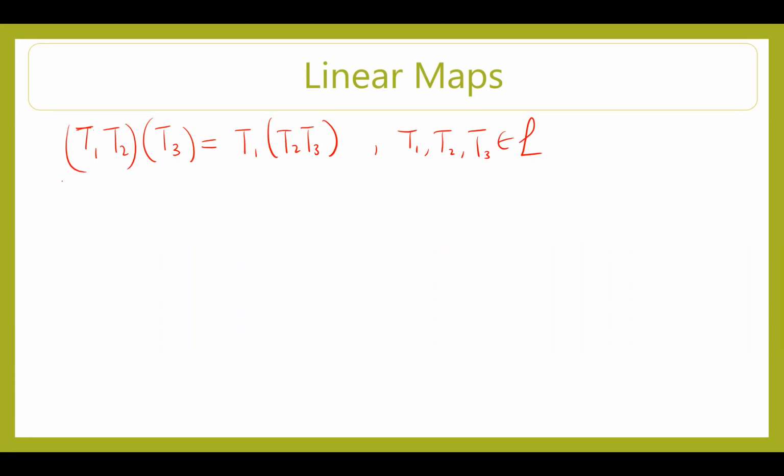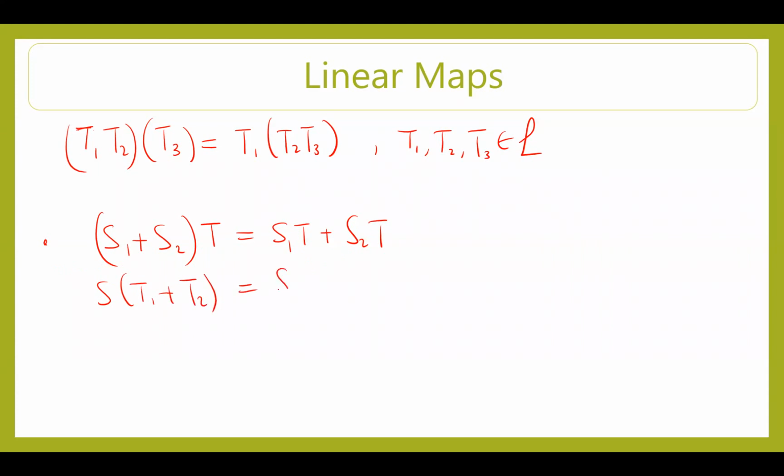Another one, which I can quickly give: if I have S1 plus S2, this is a linear transformation, and I multiply that with T, it's going to be S1T plus S2T. And if you have it the other way around, S times T1 plus T2 is going to be ST1 plus ST2.